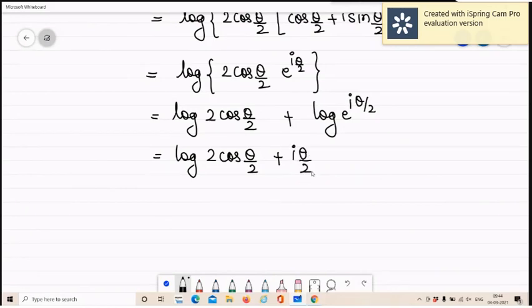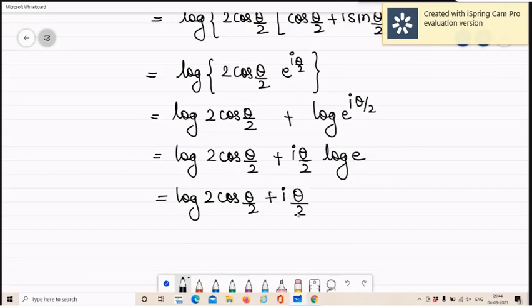Sometimes you have to check whether applying the property will help or applying the formula will help. This is a very simple sum. If you do it with the formula also, no problem, you will get the same answer. It won't be lengthy, but you will get the same answer. Is that clear, everyone?